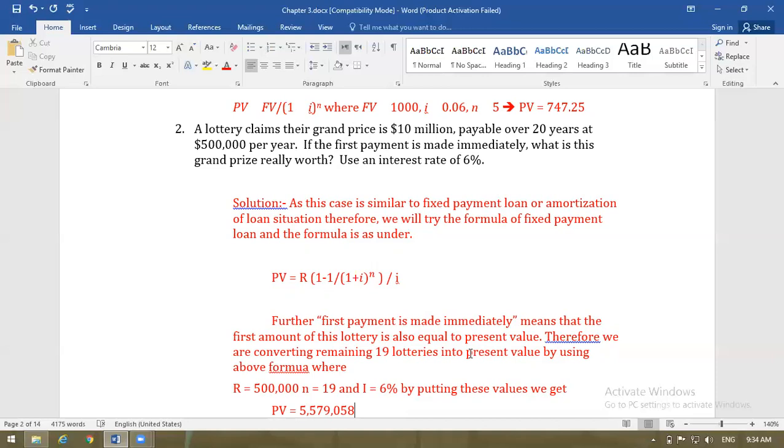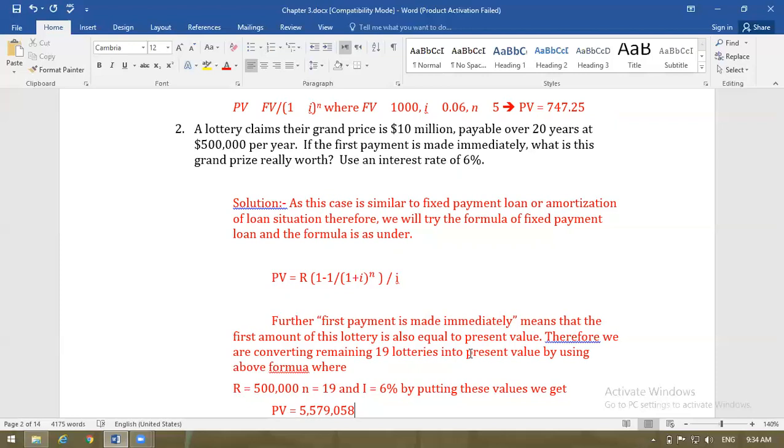As the first payment is made immediately, I put the 5 lakh aside. So the remaining 19 lottery payments are the remaining 19 years' amount, and I will convert them into present value. R is 5 lakh per year, n is equal to 19, I is equal to 6%. By using these three variables in the above formula, we can easily find out the present value is equal to 5579058.